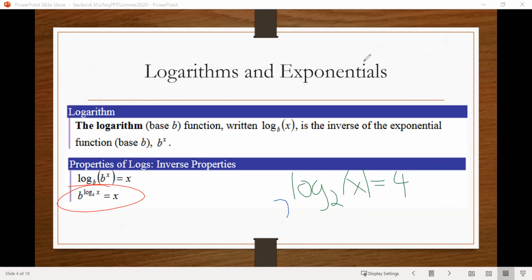So on the left-hand side we make this 2 to the log base 2 of x, and do the same thing on the right-hand side, making this 2 to the fourth. The 2 raised to the power and the log base 2 cancel out, and we're just left with x equals 2 to the fourth, which equals 16. What I want you to get from this is that logs and exponentials are inverses of each other, and so that allows us to use them interchangeably when solving equations.